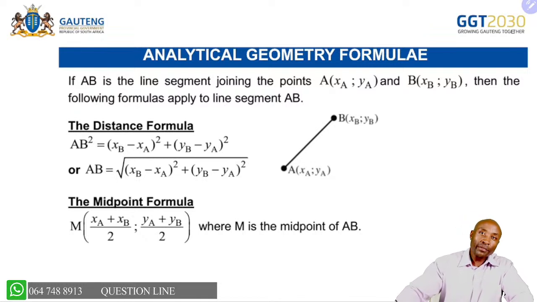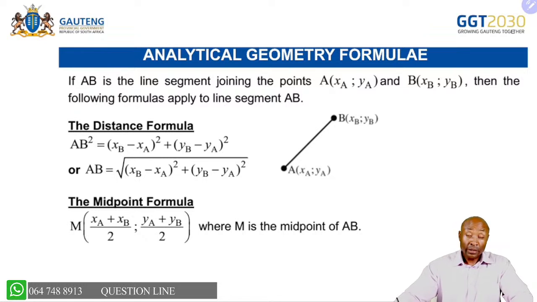But remember, if it's PQ, it means where I'm having B, where I'm having A, I'm replacing that with P or Q, whichever the point will be. So it doesn't mean that we shall always be having A and B. In some instances, we can use X2 and X1 to show that our points are different in the line segment.